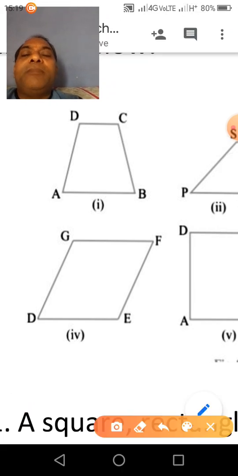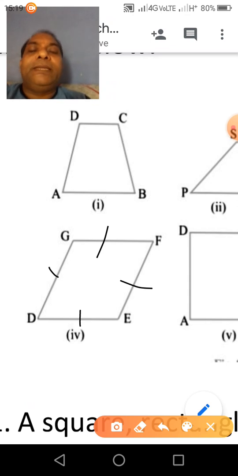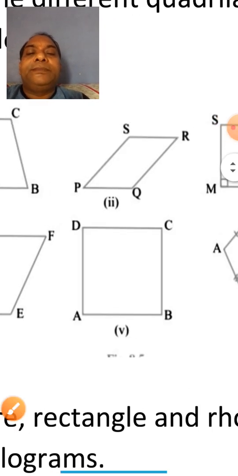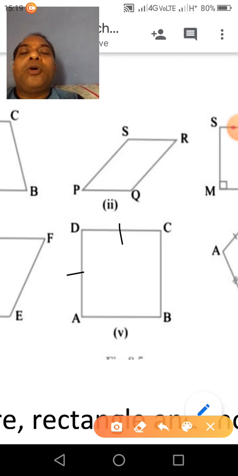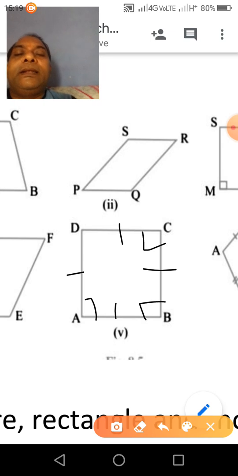In case of rhombus, all sides will be equal. All four sides will be equal and opposite sides will be parallel. Clear? Next type is square. In case of square, all four sides will be equal and each angle will be 90 degree.